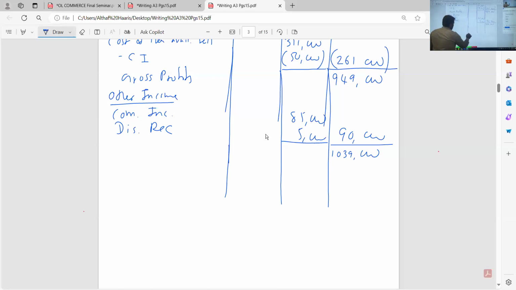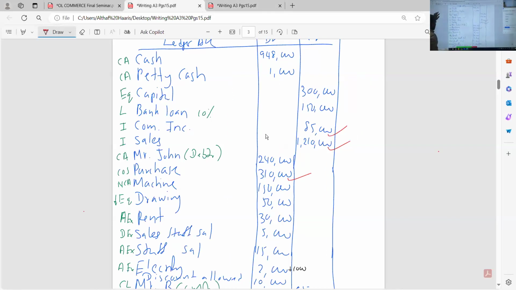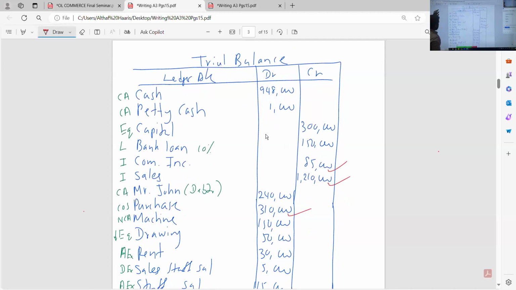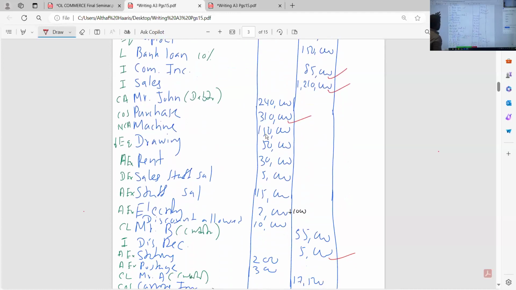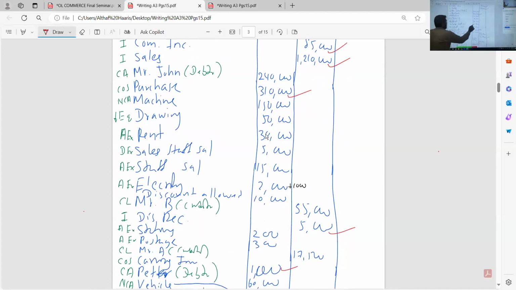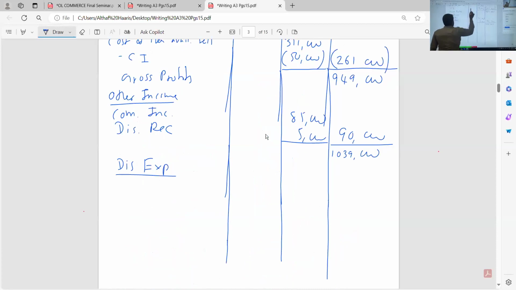Now you have to take the distribution expenses. So what are the distribution expenses that we had? Here, sales staff salary 5,000.